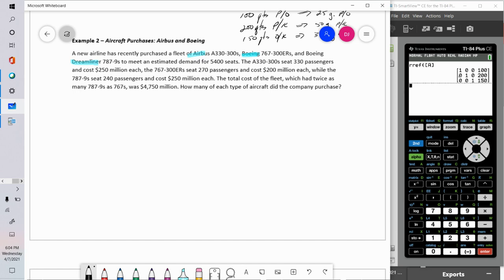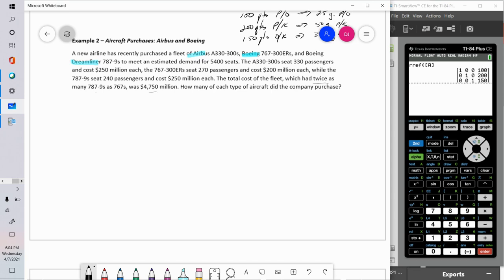The total cost of the fleet, we'll come back to this part, which had twice as many Dreamliners as Boeings, was $4,750,000,000. Okay.